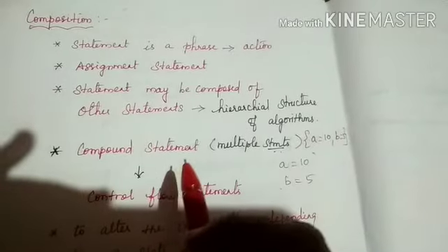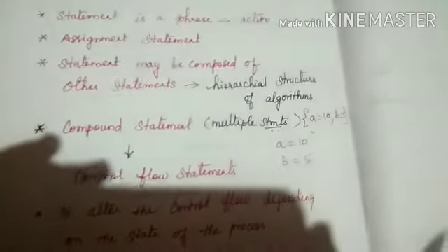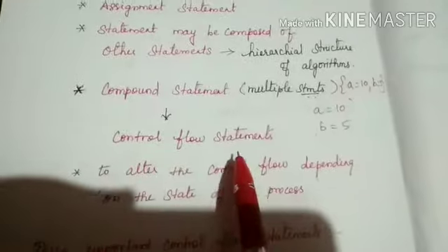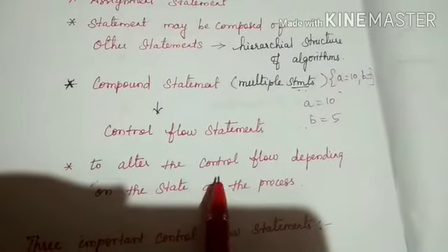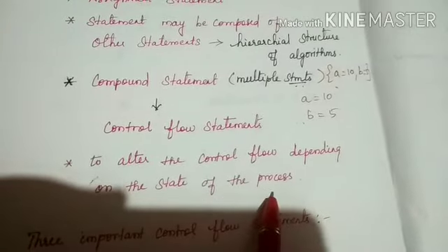And also statements may be composed of other statements, that is named as hierarchical structure of algorithm. These compound statements are called control flow statements. Control flow statements are mainly used to alter the control flow depending on the state of the process.